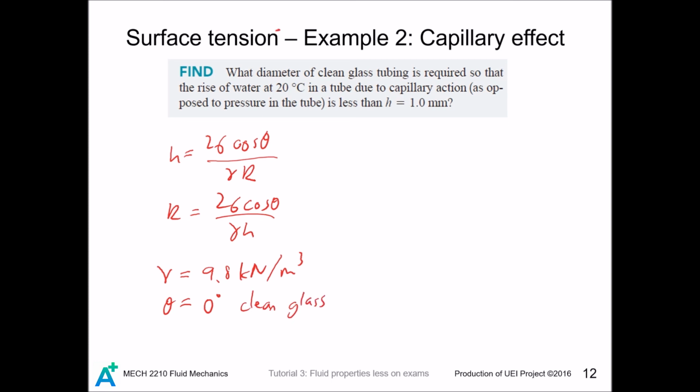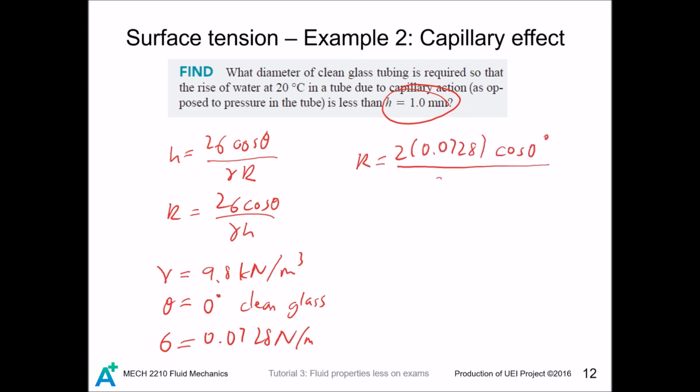Also, sigma for water equals 0.0728 Newton per meter. And we also have h equals 1 millimeter. We plug in all the values, punch this into the calculator and refine. So that is about 1.5 cm.